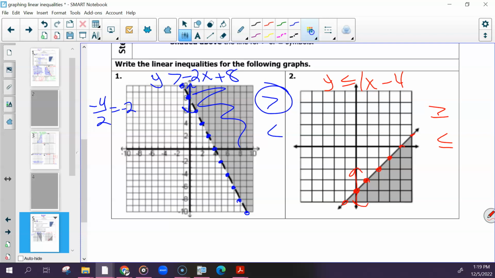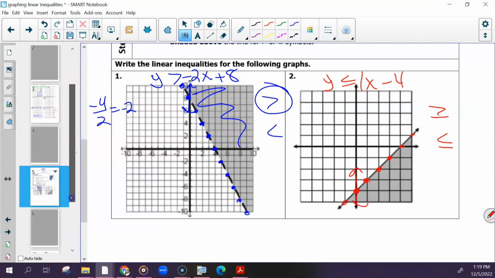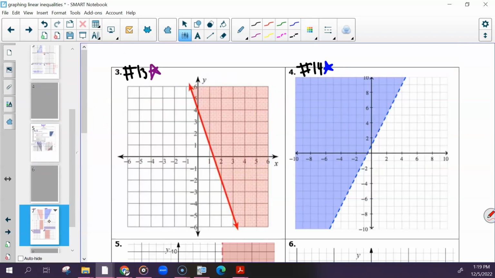Look on the back of this page, see if there are any questions you want to go over. Any that we have questions on?